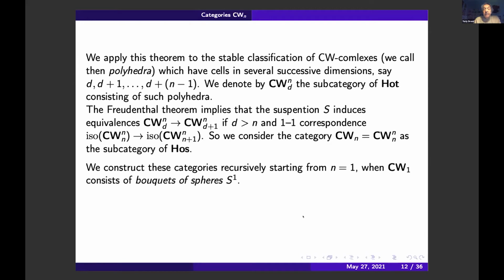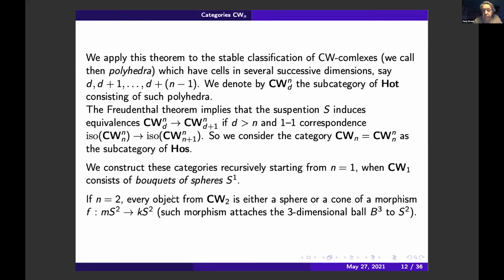Now we construct these categories recursively, starting from n equals 1. Usually, of course, CW1, what does it mean? We have only one-dimensional cells. So this is just a bouquet of spheres. If n equals 2, then every object is either a sphere or a cone of a morphism of spheres.